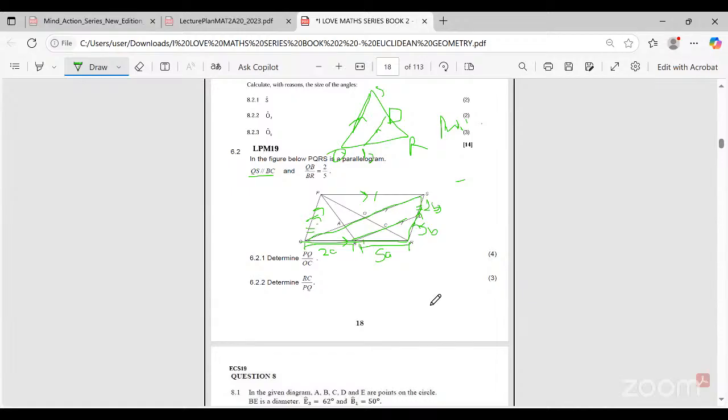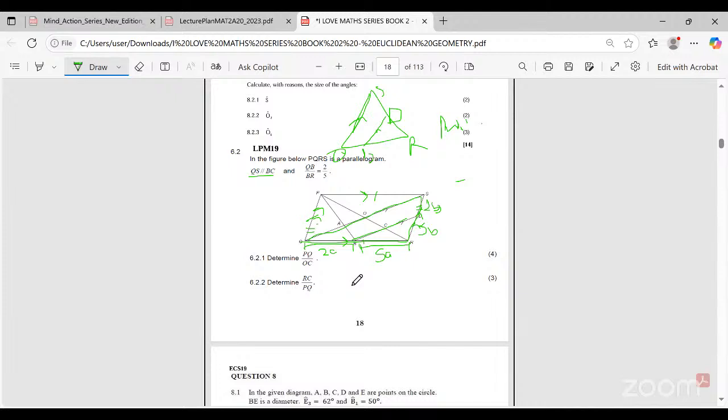QB is over BR. QB, where is QB? Okay, this is QB. Oh, you're saying QB over BR? Yes, sir, because QS is parallel to BC.